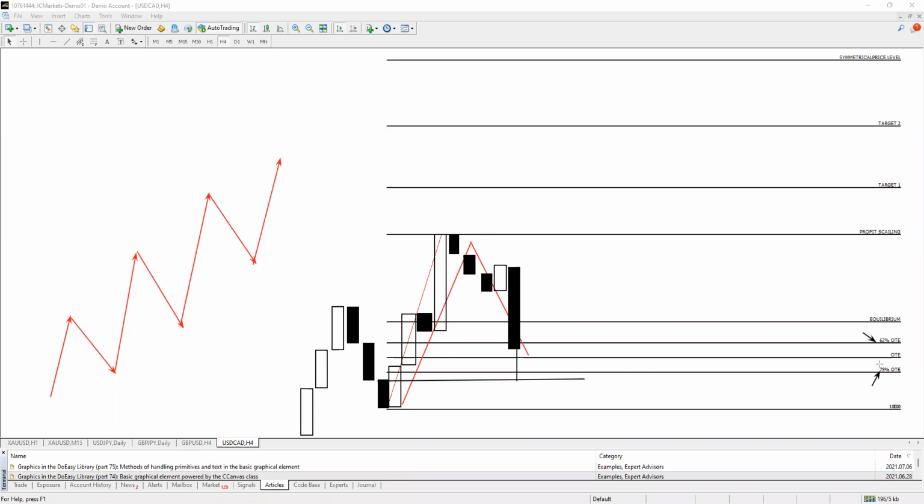Within these areas, price normally turns around. So if you have your Fibonacci drawn, and you realize that price has traveled to any of these levels, that is where you place your trade to the upside.